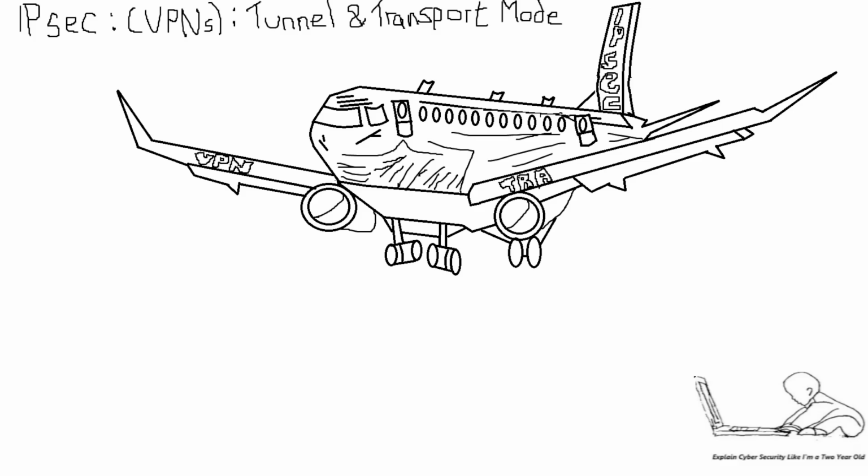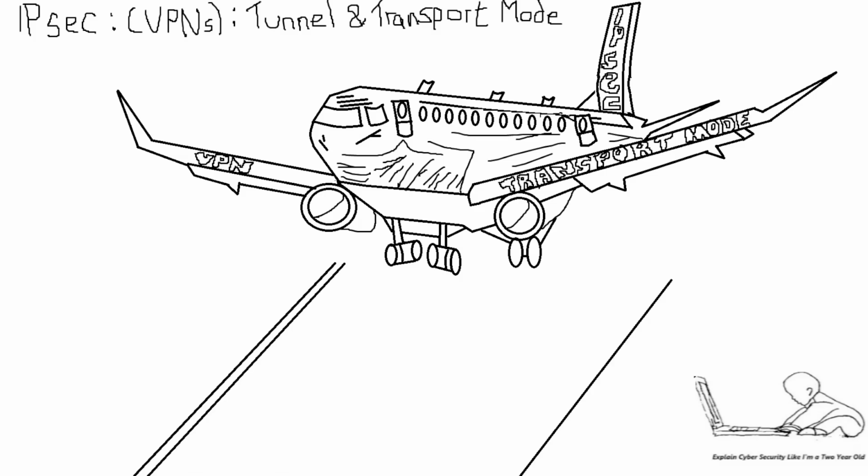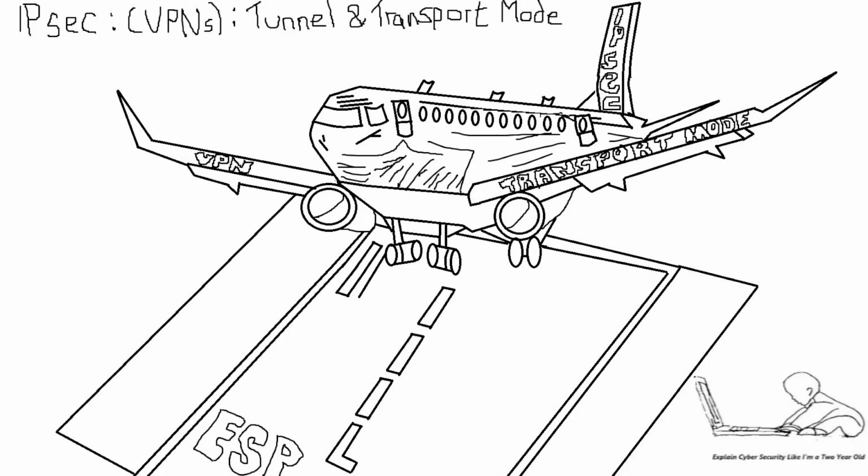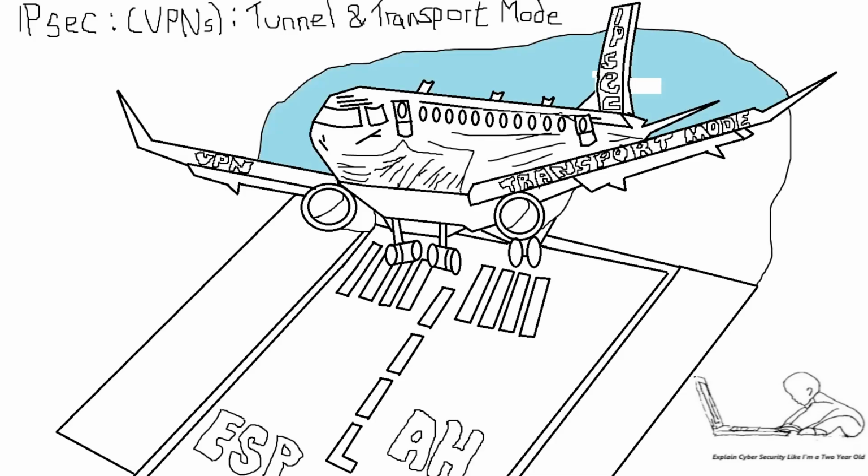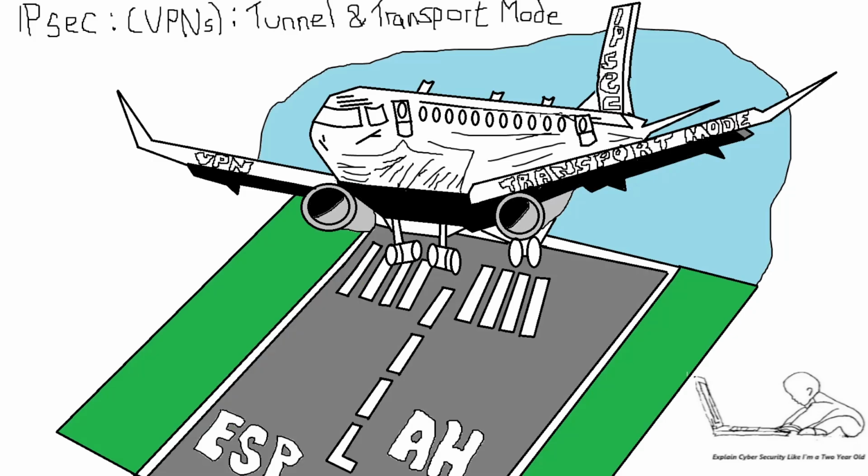To help illustrate IPsec transport mode, let's use the analogy of a plane approaching a landing where it can choose again from the two IP headers being the ESP and AH, in this analogy being the two landing lanes.